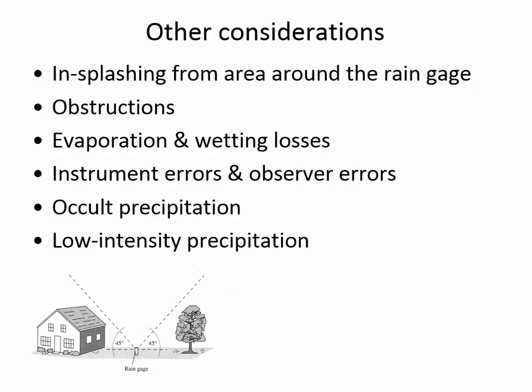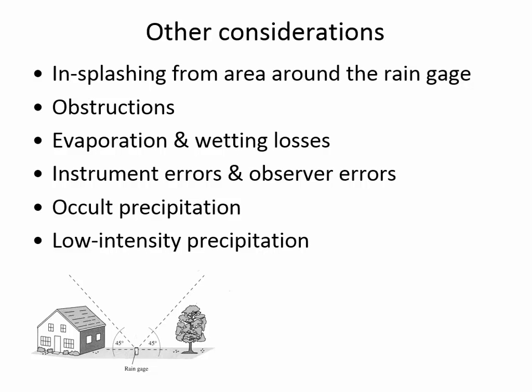So some other considerations when you're measuring rainfall is that obviously you need to keep the rain gauge away from obstructions like a house or trees, and that's a hard thing to do in a heavily forested area like West Virginia. The place that I've got the rain gauge located is, I don't know, it probably is right at the limit of 45-degree angle away from obstructions.